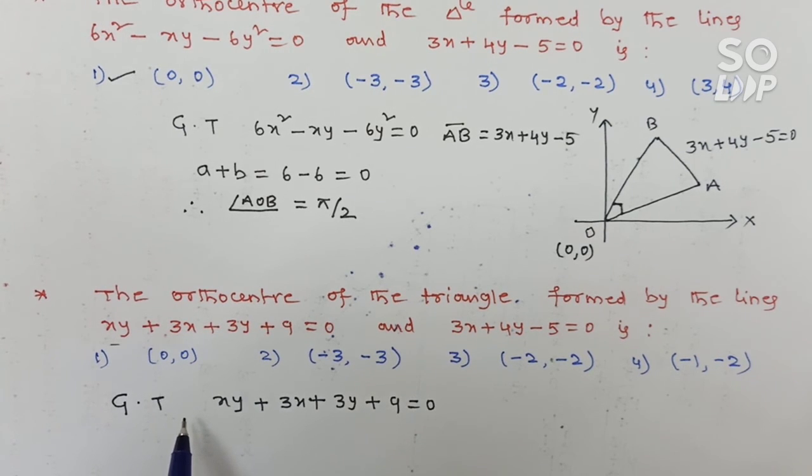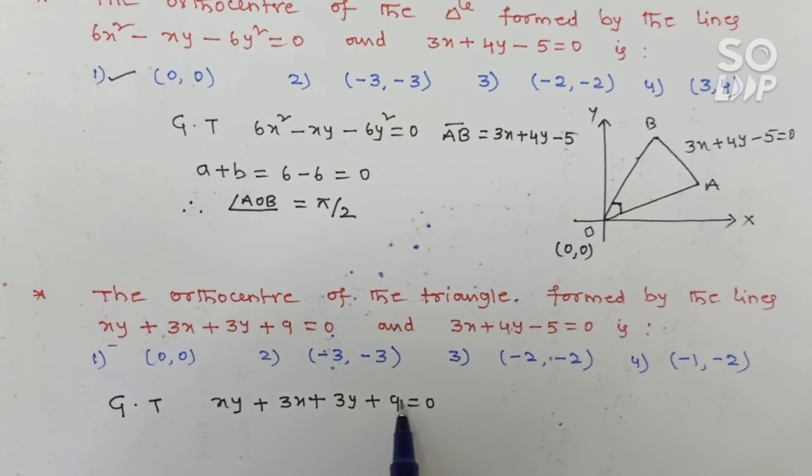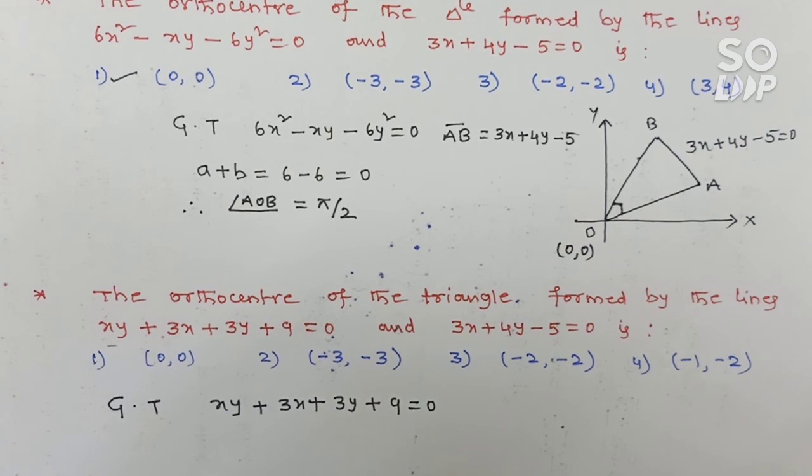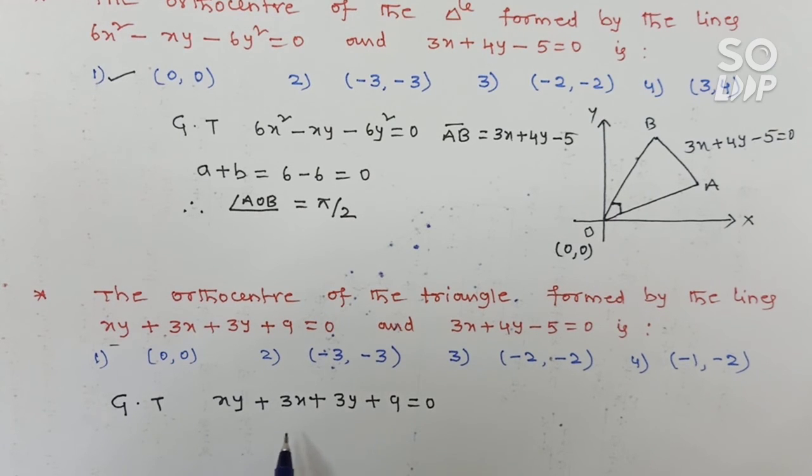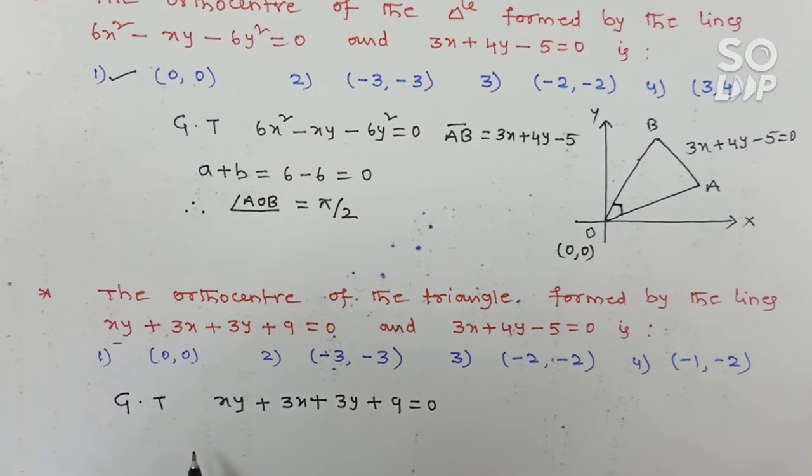That means the coefficient of x square plus the coefficient of y square is 0. That means in any second degree non-homogeneous equation, if x square and y square terms are not given, that equation will always represent perpendicular lines. Right? So what is the point of intersection of the perpendicular lines?